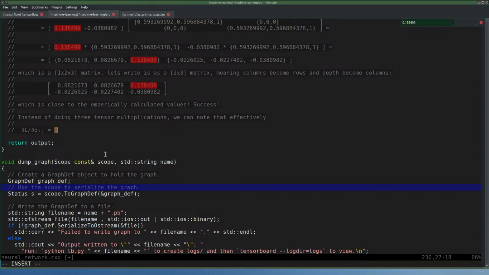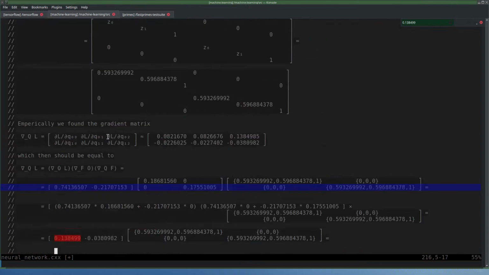I'll just use underscore 2, subscript 2 for second layer.